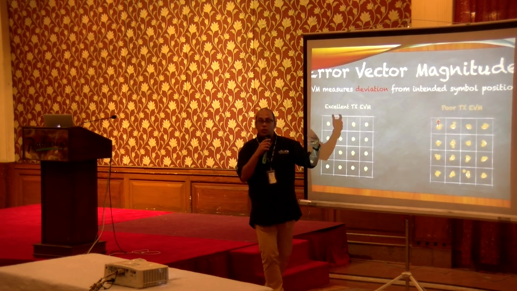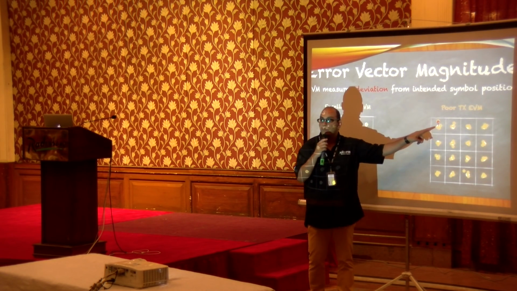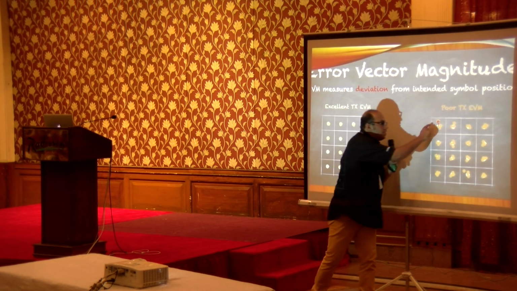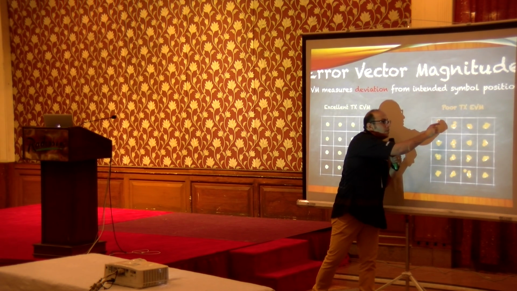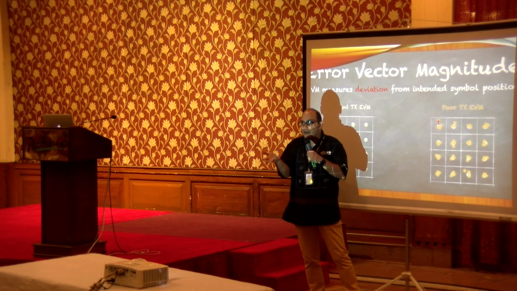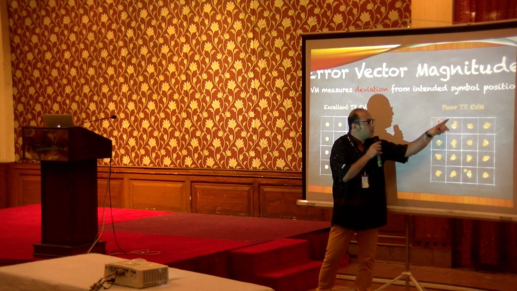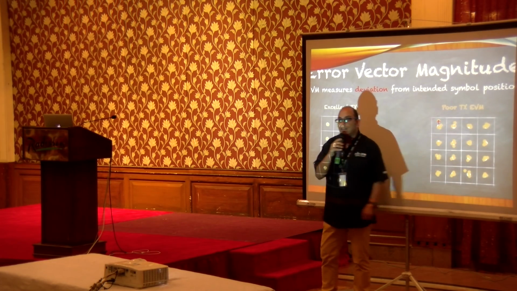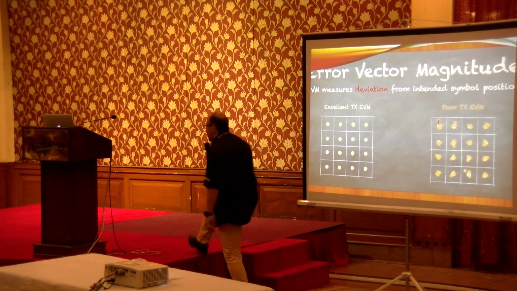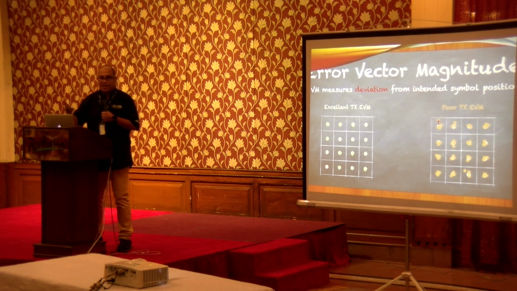But because of noise or interference, sometimes you receive it in a different area. If you are still receiving it around this area, it means you can extract the data. It means you can have readable data. But if this symbol comes here, or wherever else, this data is not readable. Then you need to retransmit again.